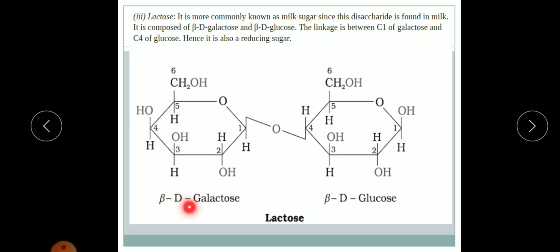So in beta D galactose at carbon number 1 and at carbon number 4 of beta D glucose, it removes a molecule of water and they will form a glycosidic linkage in this way. So here also what you need to remember is that on hydrolysis of lactose, the two monosaccharides produced are beta D galactose and beta D glucose.